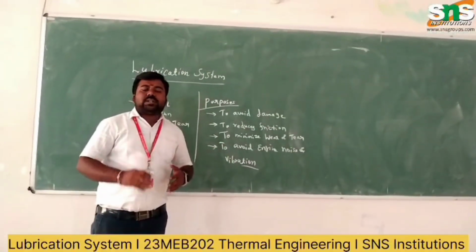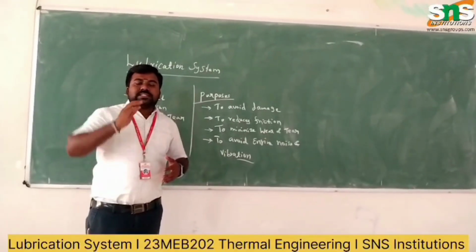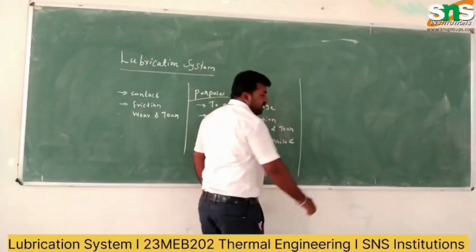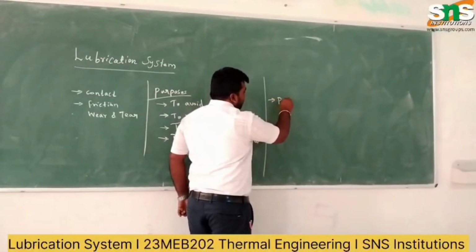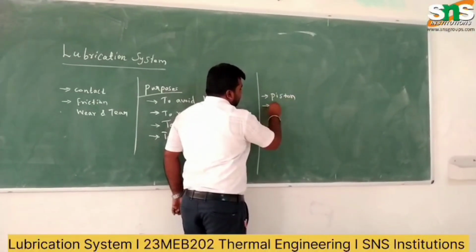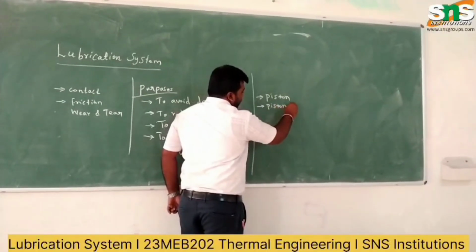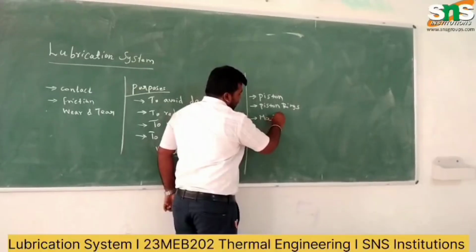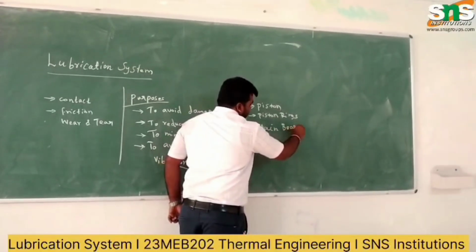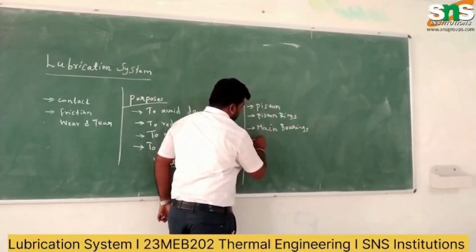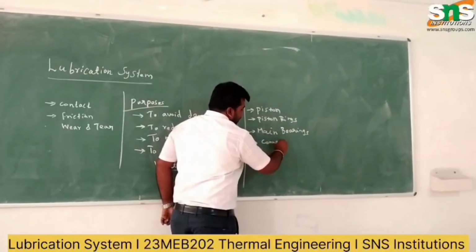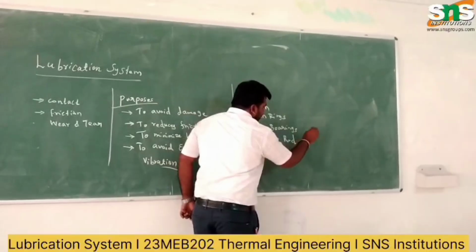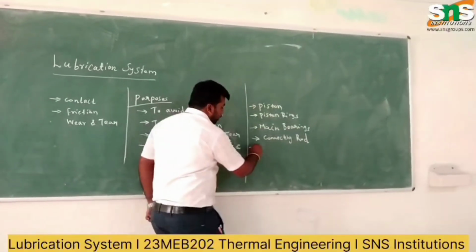Let us discuss the components or essential requirements of the lubrication system. The major engine components are piston rings and main bearings, and the connecting rod, where the small end as well as the big end of the connecting rod require the lubrication system.